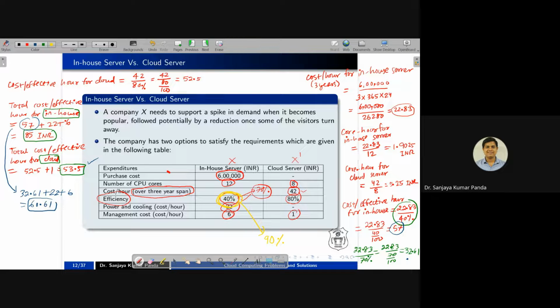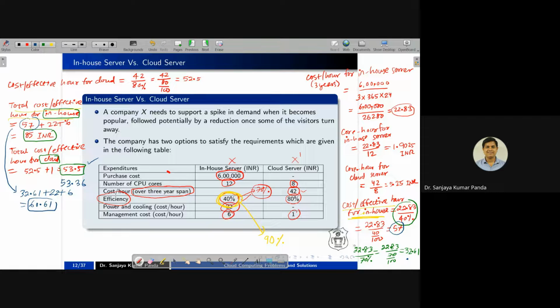So if it is 90%, I think you are getting 53.36. Is 53.36 the cost per effective hour for in-house or the total cost per effective hour? Total cost. Okay, you are getting the total cost, 53.36, when you increase utilization to 90%.